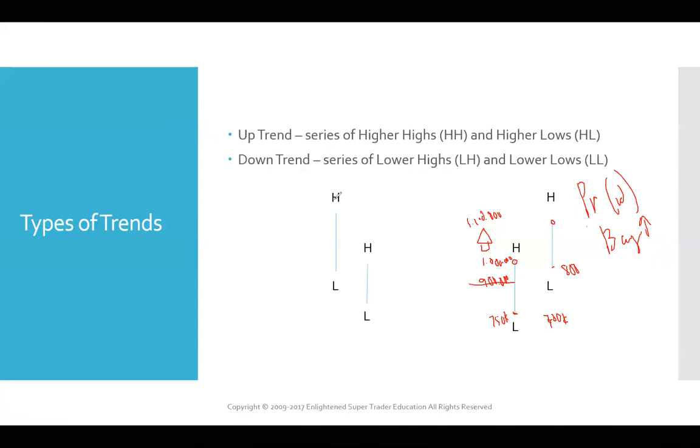The same holds true in a downtrend, where you have a series of lower highs and lower lows, meaning that the high of that particular time frame is lower compared to the previous high, and the low of the particular time frame is lower compared to the previous low.